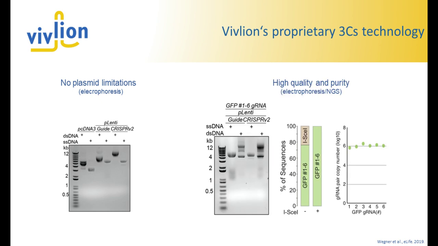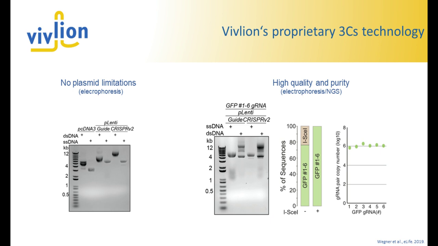We then went on and performed a test synthesis on these two plasmids, shown here with a pool of 6 oligonucleotides. These oligonucleotides encoded gRNA sequences targeting GFP, so those are mini pools with 6 guides. We performed the synthesis, and the synthesis product is shown here on the gel. We then purify this and transform it into bacteria, as I alluded to before. Initially we tested individual clones to see if they contained the correct sequence, and this is shown on the first bar graph.